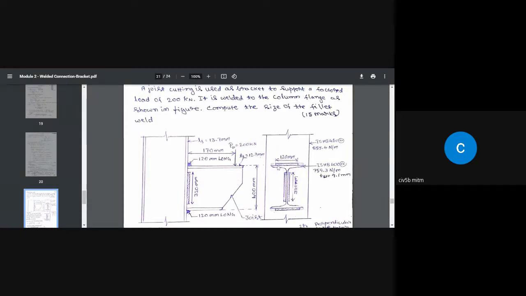So you have to select the length of the weld at the top and at the bottom in such a way that the length should not exceed the width of the flange. And of course, the depth at the web portion is going to be this much. So what is this height? You are going to fix it by deducting the thickness of the flange and the R1 distance, that is the radius of this quadrant of a circle, on both sides.